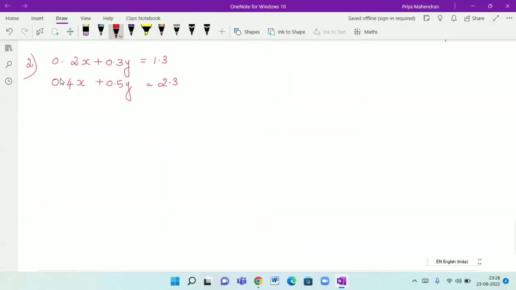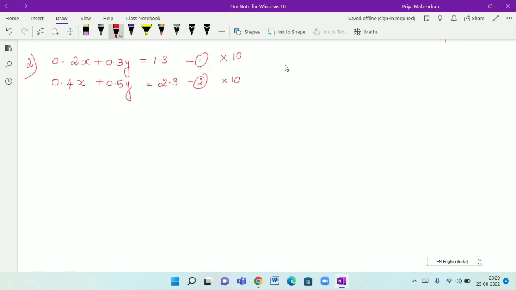Now we are going to solve the second problem, where the coefficients are decimals. I'm going to teach you two different methods. The first method is very simple. As all the coefficients have only one decimal digit, you can multiply equations 1 and 2 throughout by 10.